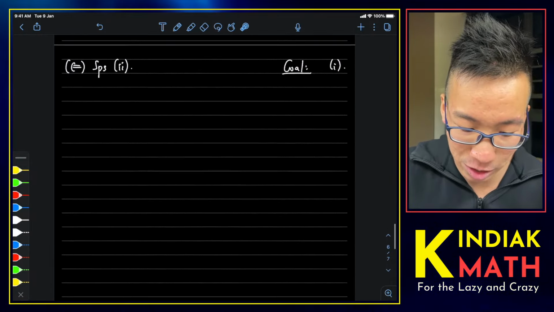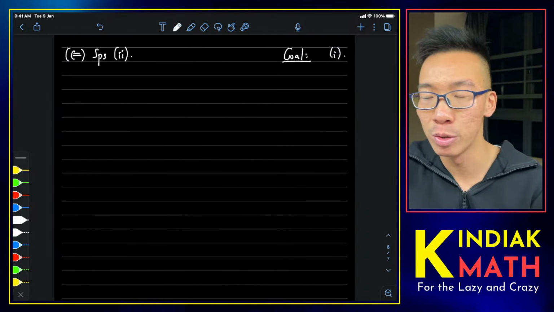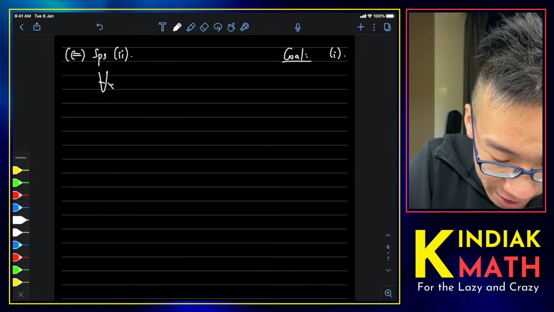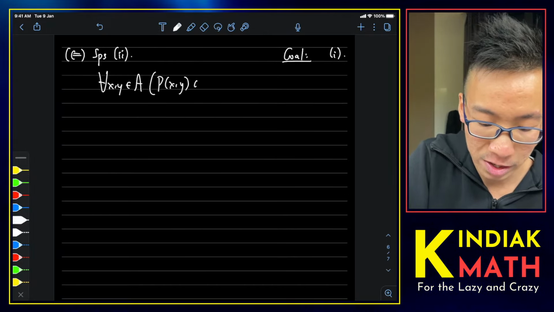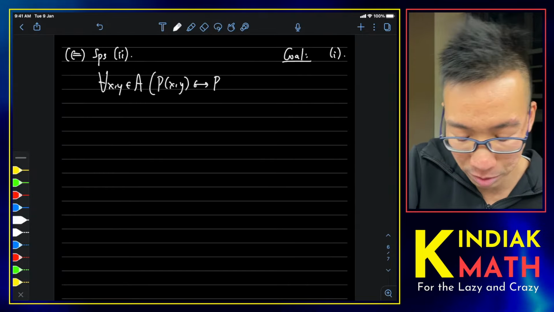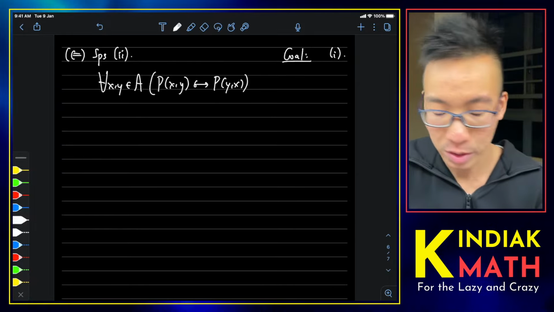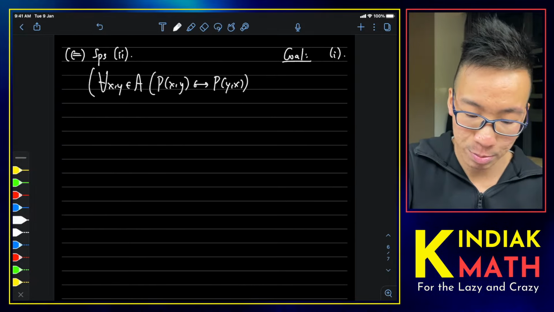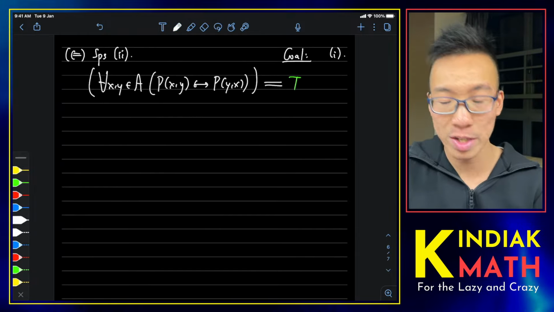Now, we need to suppose that 2 is true. What does it mean for 2 to be true? It means that for any x and y in A, Pxy is equivalent, well, there's the biconditional, we have this whole expression being true. What's the goal?